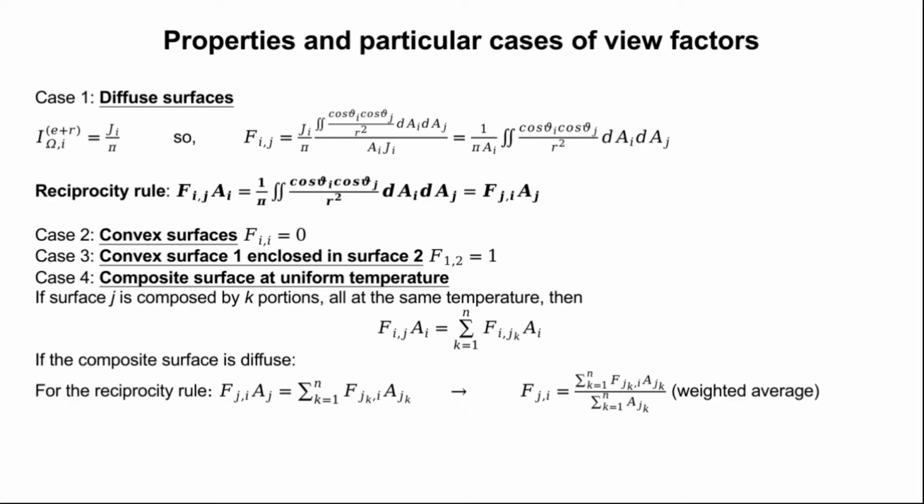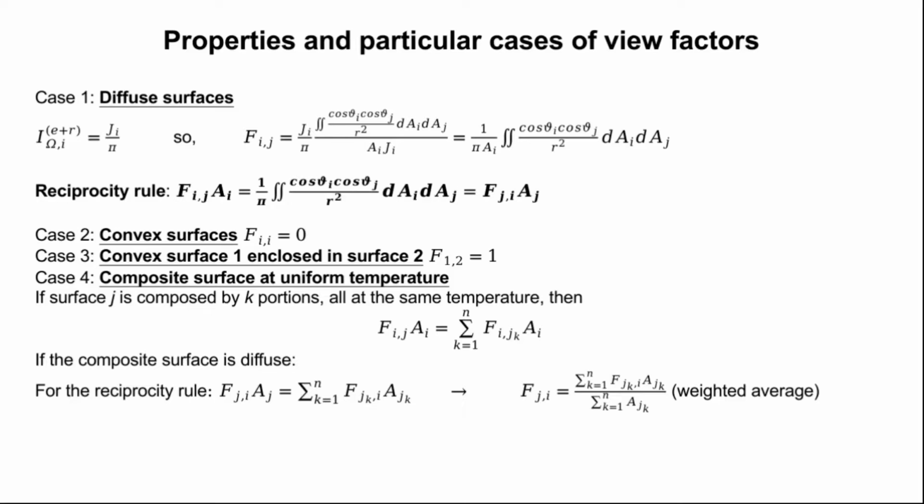Radiation coming from convex surfaces cannot interact with the same surface. So for a convex surface i, Fii is equal to 0. If we have a convex surface 1 enclosed in surface 2, F12 is equal to 1. Which means that all radiation coming from surface 1 will be received by surface 2. Finally, let's consider a composite surface j with k portions, all at the same temperature.